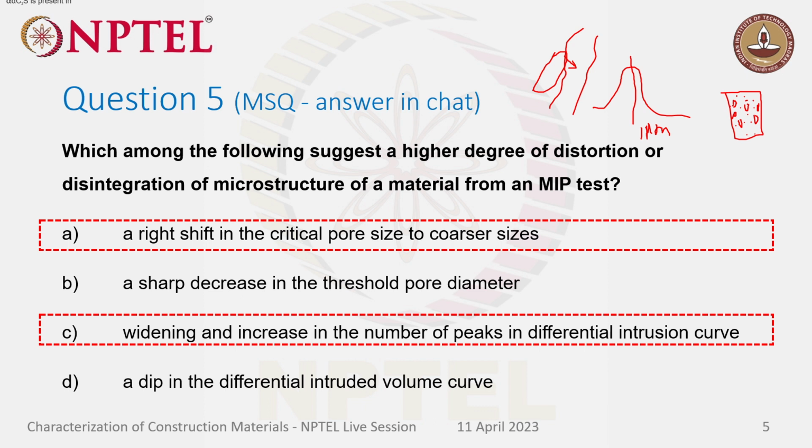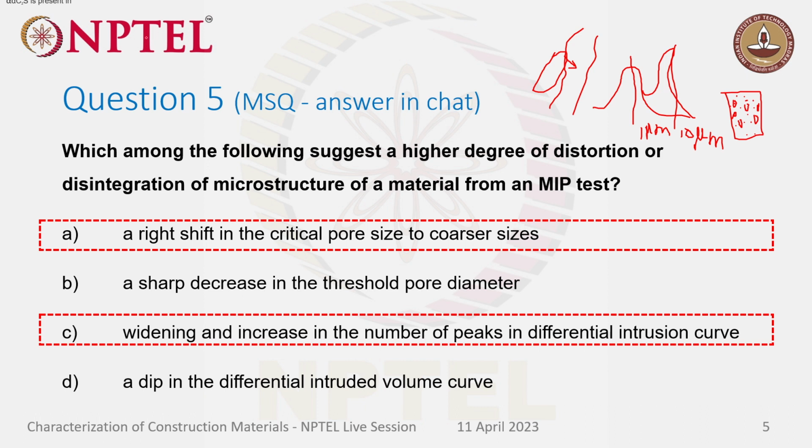So this particular size range is in the range of 10 micrometer. So what happens? There will be an increase in the 10 micrometer zone also now. So there will be multiple peaks compared to a single peak. There can be multiple peaks because of introducing new coarser size ranges. Okay, and a dip in the differential volume curve can't be expected because of distortion or disintegration.